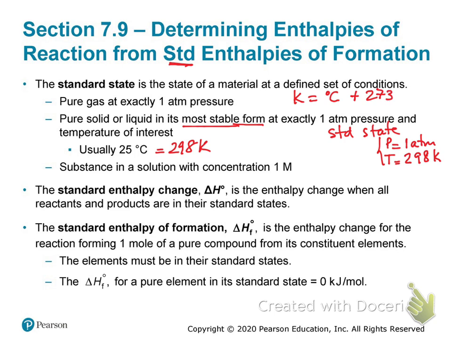That's how you convert from one to the other. So solids and liquids, gases, substances in a solution with a concentration of 1 molar. So this is basically saying that these are the most stable conditions for these substances. We analyze variations of enthalpy in those standard conditions.